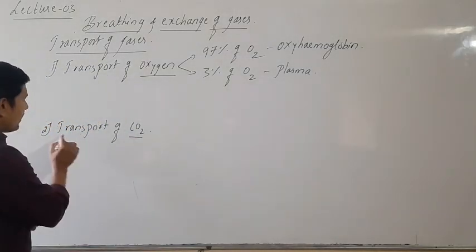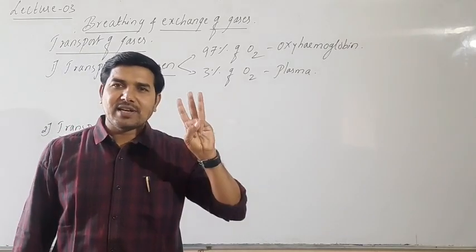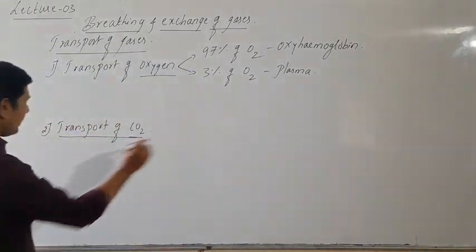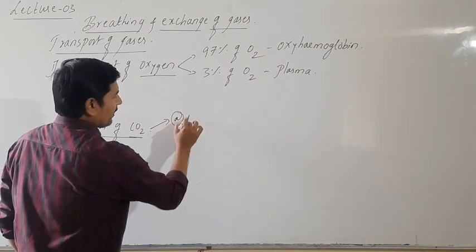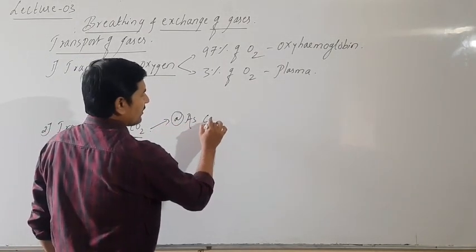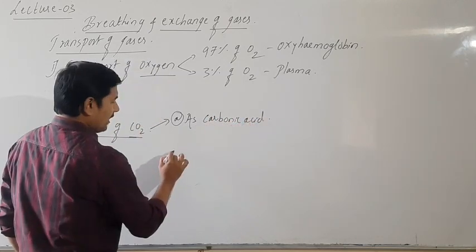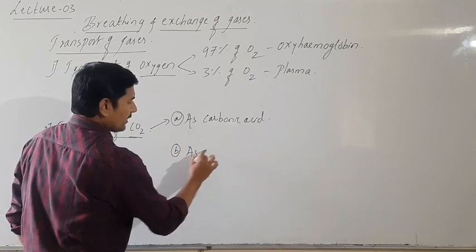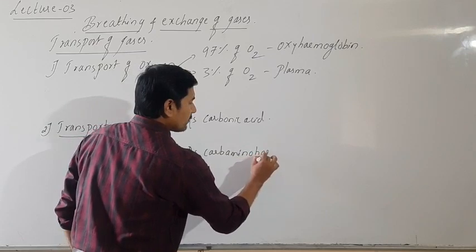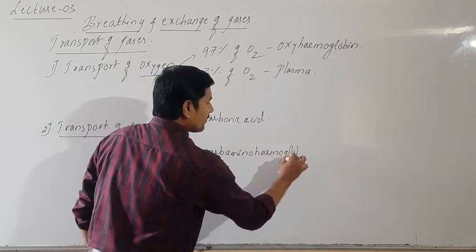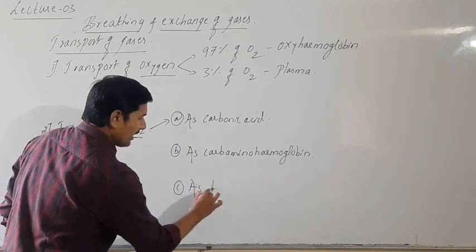Now let us go to transport of CO2. CO2 is transported majorly in three forms. What are those? The first form is as carbonic acid. The second form is as carbamino hemoglobin, and the third form is as bicarbonates.